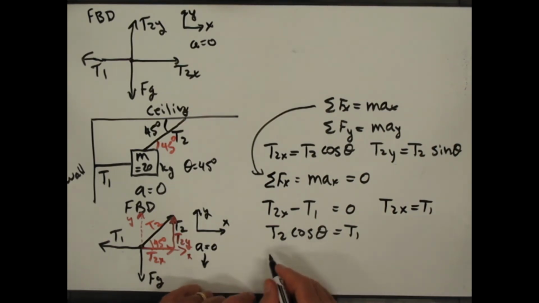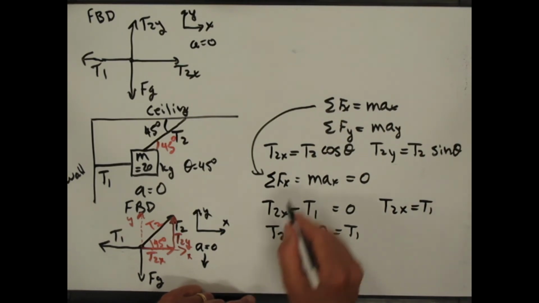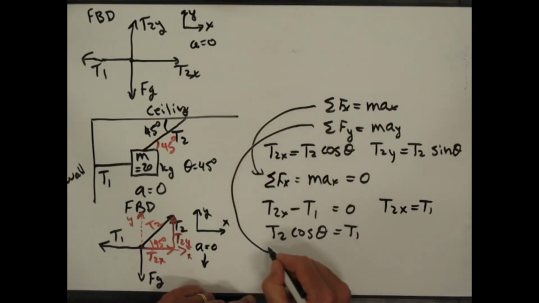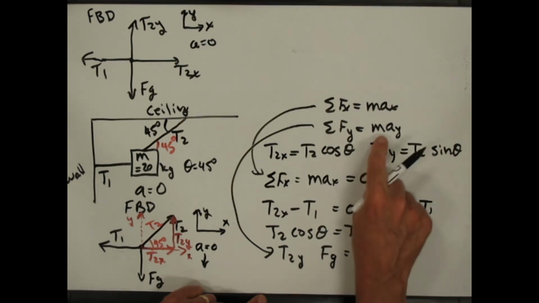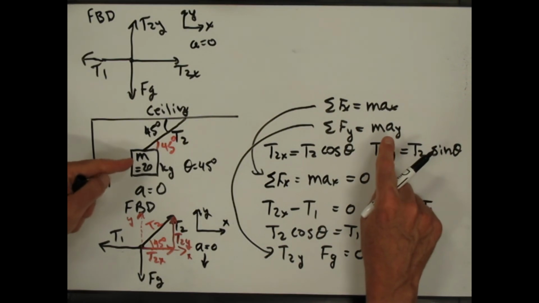But now I can do the sum of the forces in the y direction. I can take this guy and write him here. And I can say, look, in the y direction I have T2y minus the force of gravity equals 0. The acceleration in the y direction is 0 because it's just hanging there, the speaker is.